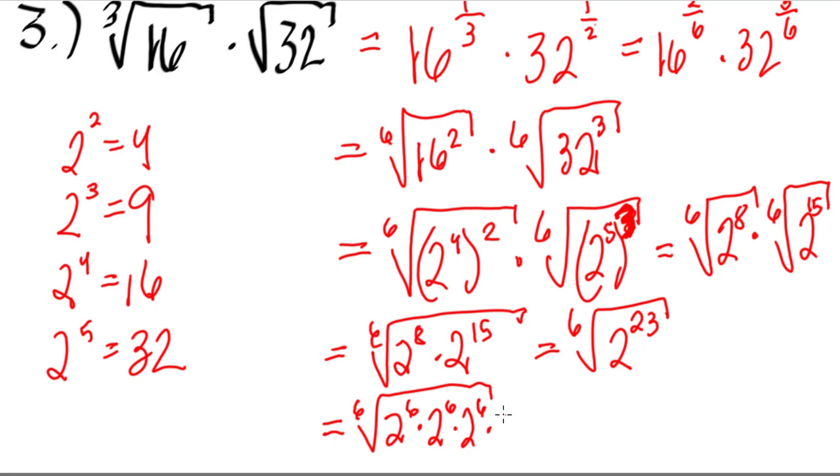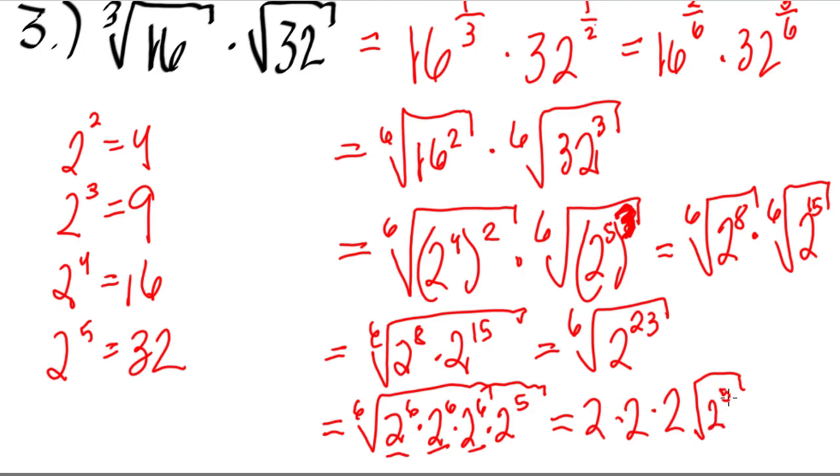So the excess is actually 2 raised to 5. I'm sorry, it should be like this. Okay, so all of these 2's which are raised to 6, by one of the laws of radicals or principles of simplifying radicals, we can extract them. So what we can have is 2 times 2 times 2 outside. Why? Because we did cancel this. Okay, so we have 2 times 2 times 2, the 6th root of 2 raised to 5.